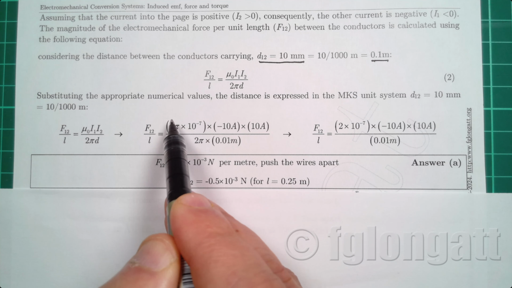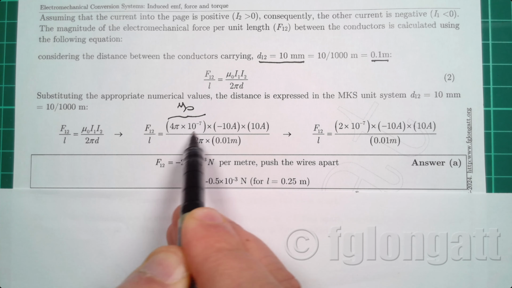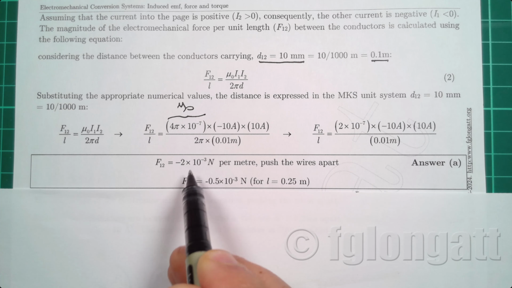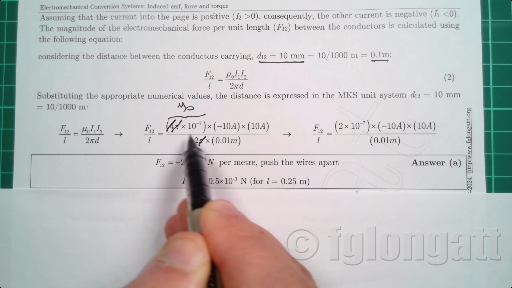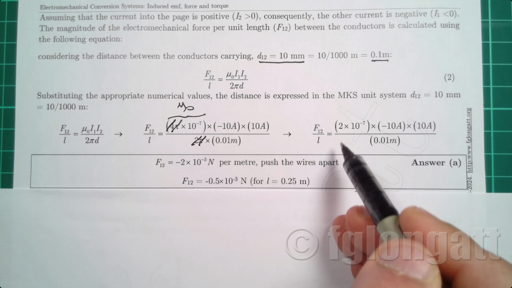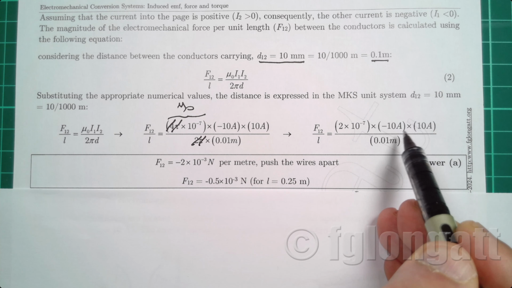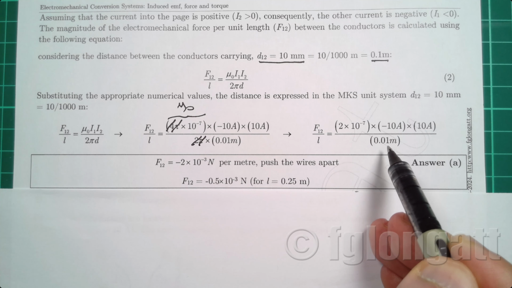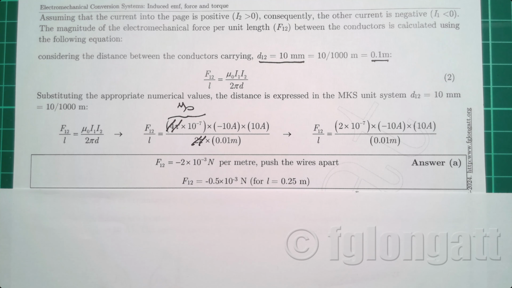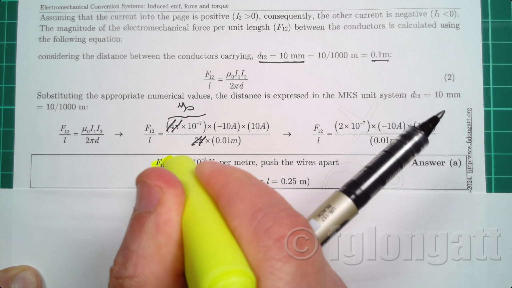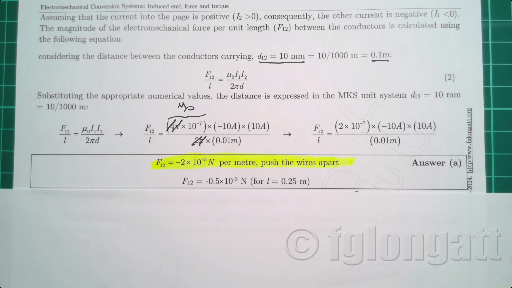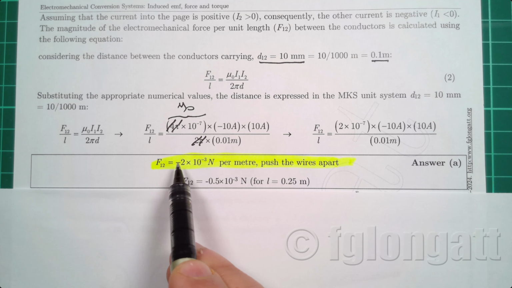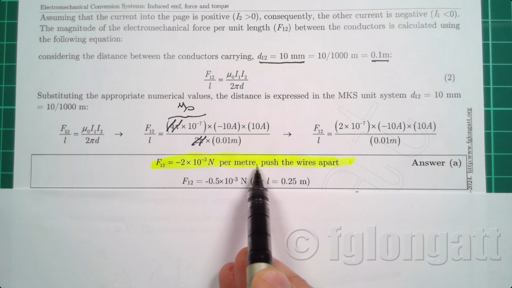So remember, mu sub 0 is 4 pi 10 exponent minus 7. You can see that pi with pi cancel, 4 cancels with 2, and there is a number 2 over here, and then we multiply by the currents and divide by the separation. So the first result that I am showing here is basically the force that you will experience with those conductors, but this force is in newtons per meter.